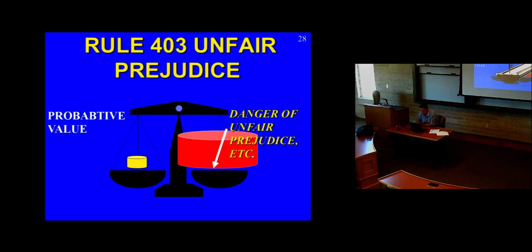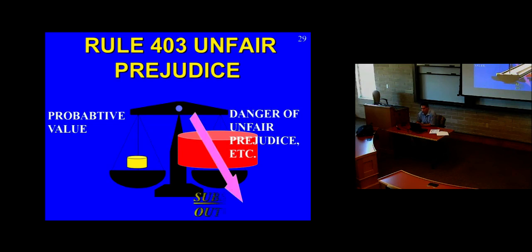And the reason for the diagram here is to show you this categorical relationship, because you have to do balancing and a comparison. That is, the judge has to do it. So that little yellow brick in the wall, that little yellow probative value that doesn't have much weight, seems to be substantially outweighed by that big red brick or cement cinder block or whatever it is.